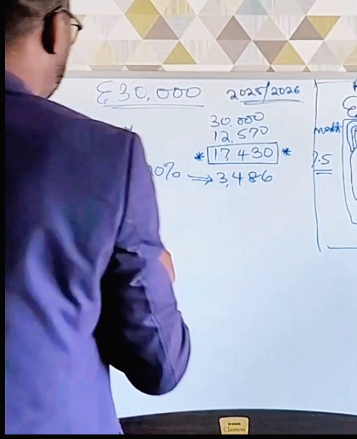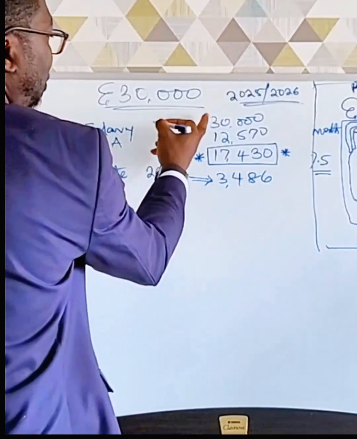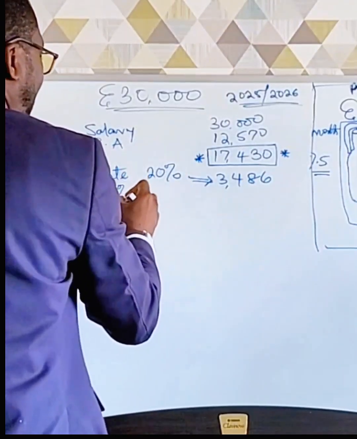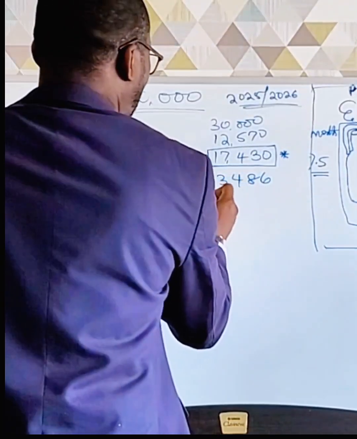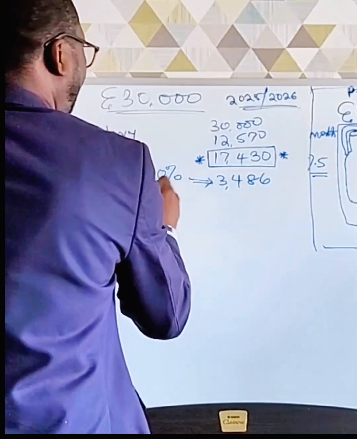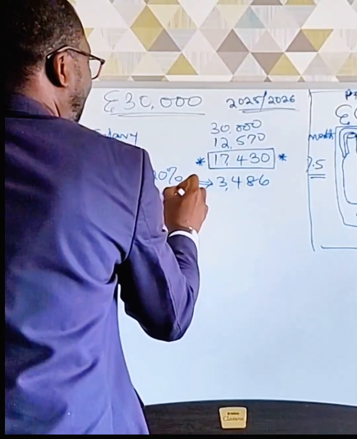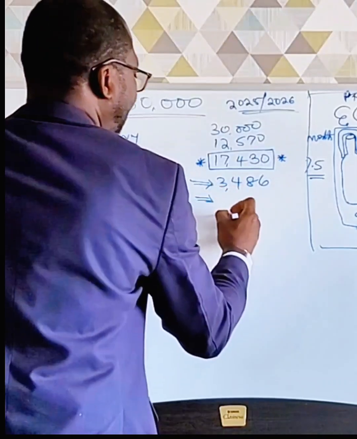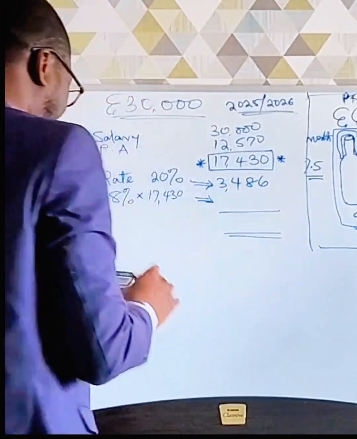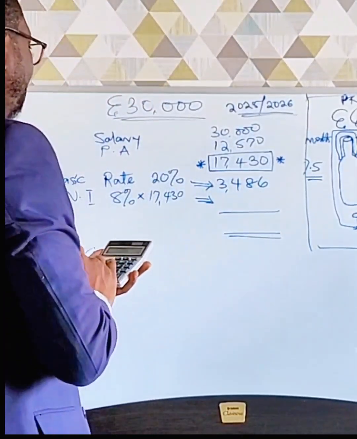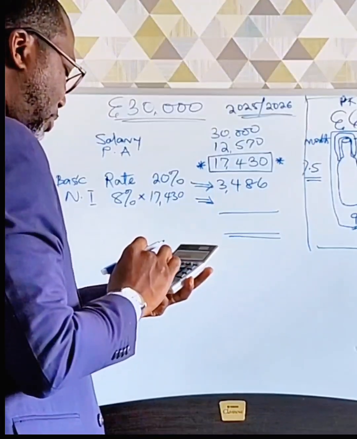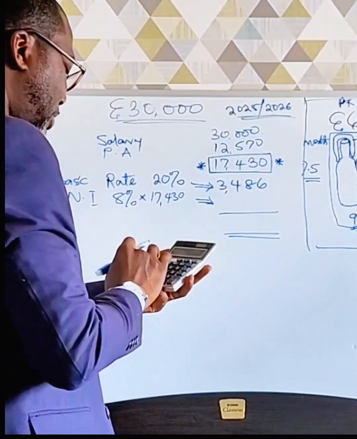NI is at the rate of 8%. Okay, so 8% of what? 8% of this. This one is to know your total, right? How much you will pay. So that will be 8%, which is 0.08, right?